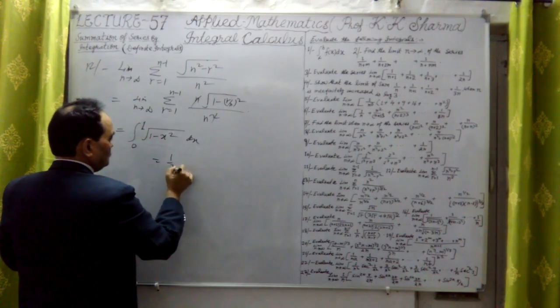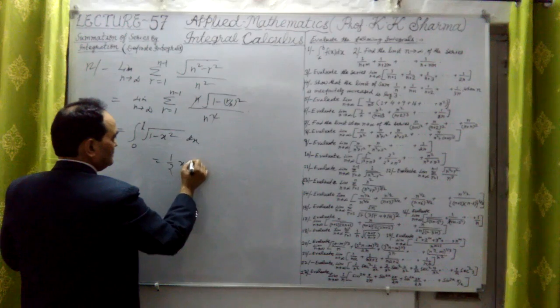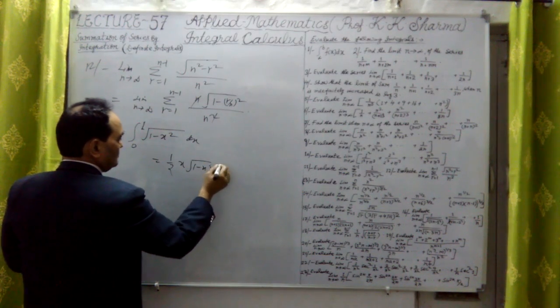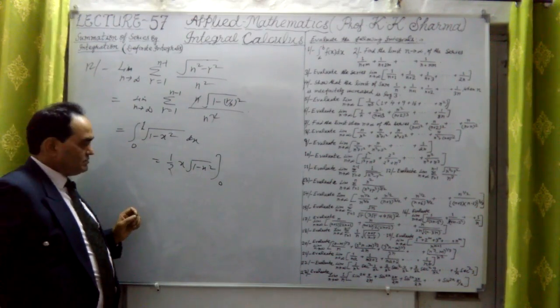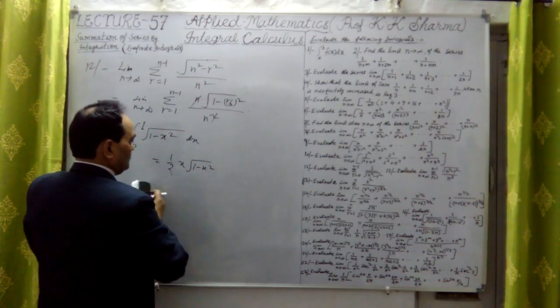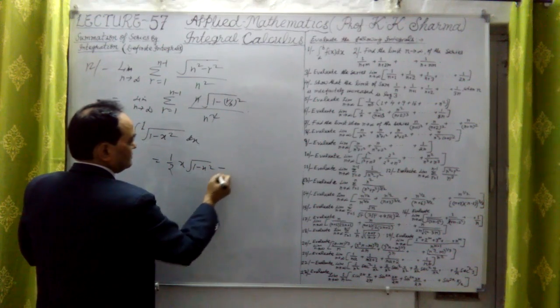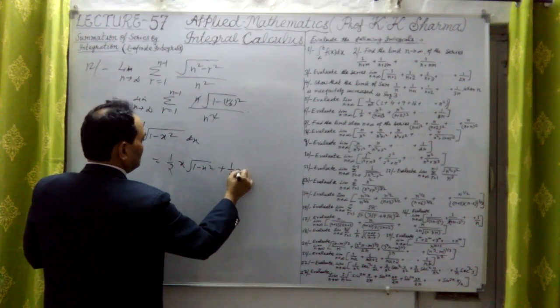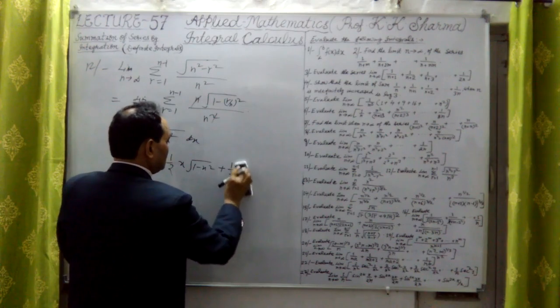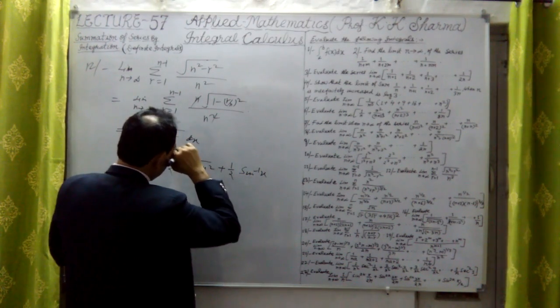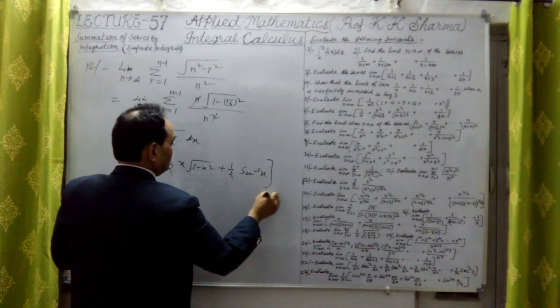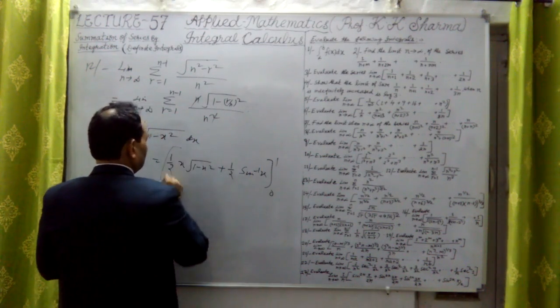This is 1 by 2 x under root 1 minus x square, plus sign here, 1 by 2 sine inverse x. The limits are now 0 to 1.